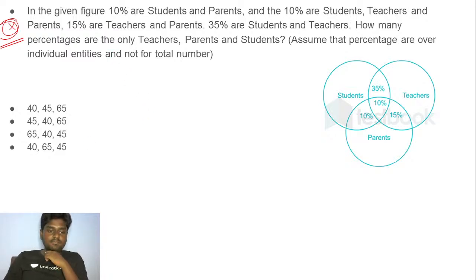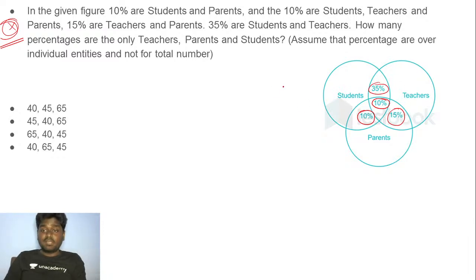So they have clearly said this 10% is actually the number of students and parents, and this 10% is actually the number of all three: students, teachers, and parents. And this 15% is the number of parents and teachers, and this 35% is the number of students and teachers.